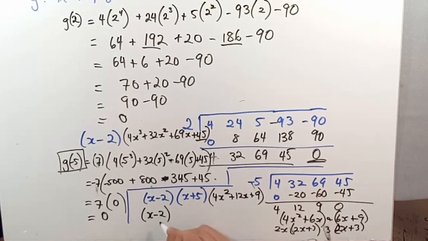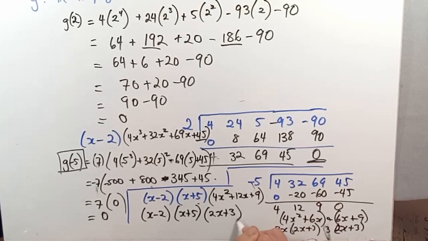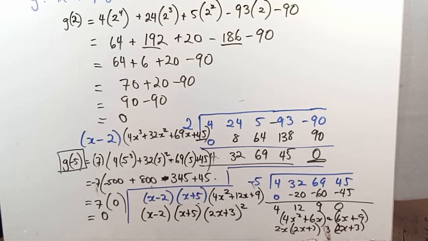So I get x minus 2, x plus 5, 2x plus 3 all squared. Okay, so this is my function g of x. This squared tells me I've got a turning point sitting on the axis at -1.5. And then these are two other x-intercepts.